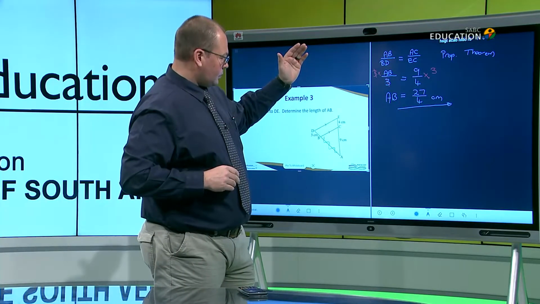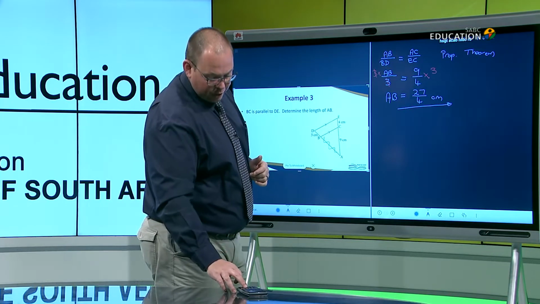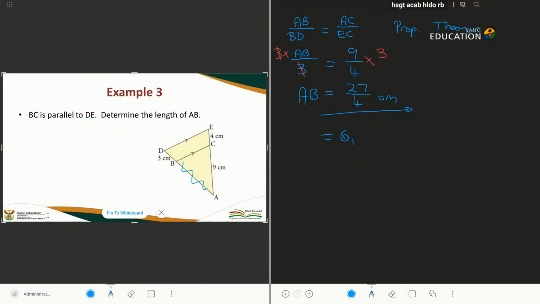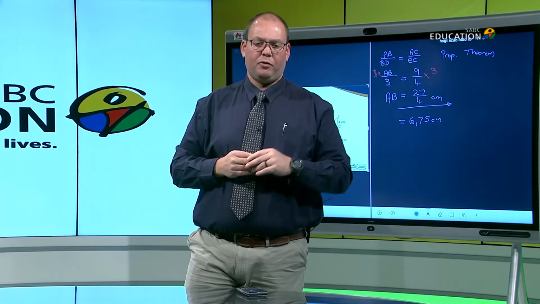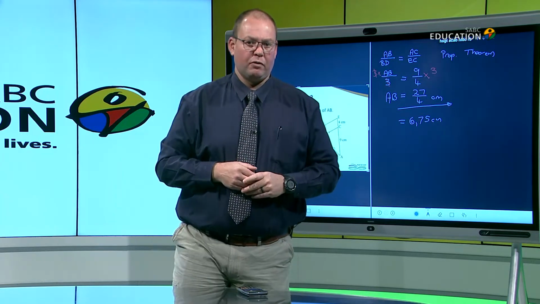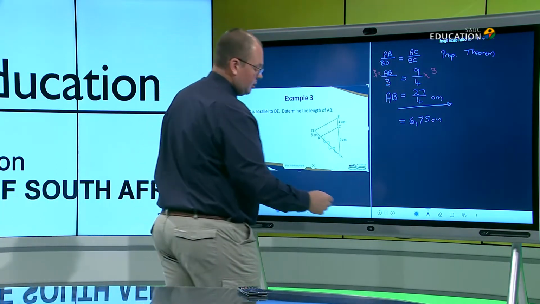But if you were to round and say this gives an answer of 6,75 centimeters, then if it is being marked, you will still get full marks. They will not penalize you for that, unless the instruction states to leave it in simplest form or as a fraction. So again, please make sure of the instruction for that specific question.